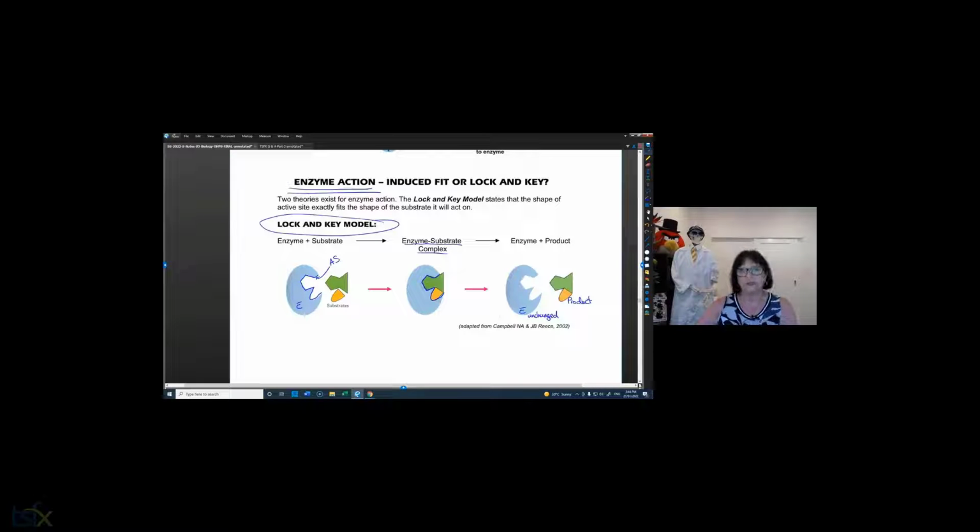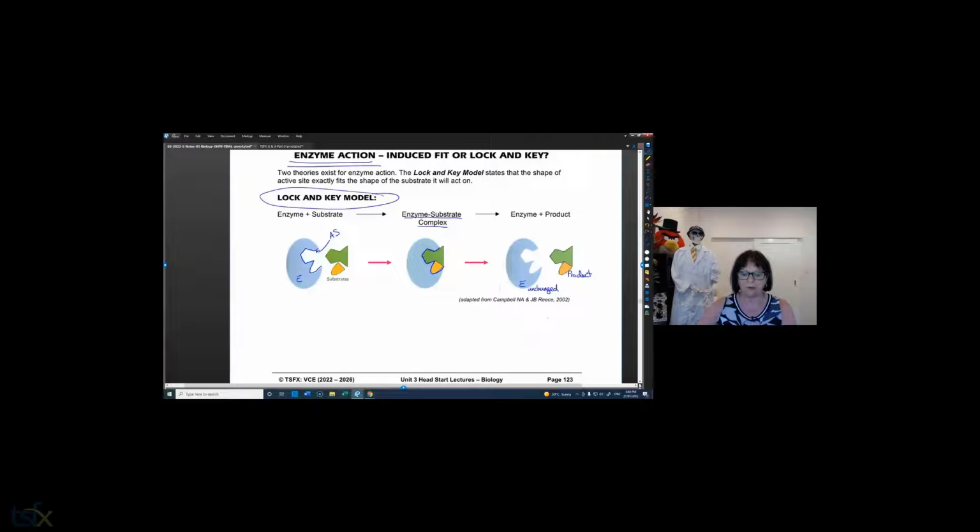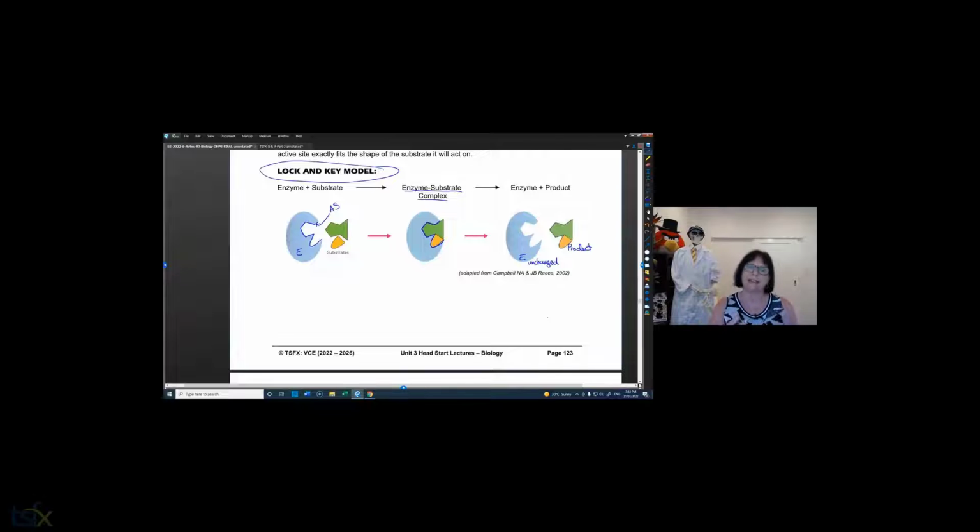Students have been asked to draw this flowchart reaction in exams. If you do, it's an annotated diagram. Don't make it hard for yourself. Make a very simple enzyme shape and label the active site. Have a substrate, you don't need two, just have a substrate that has the shape that will fit the active site.